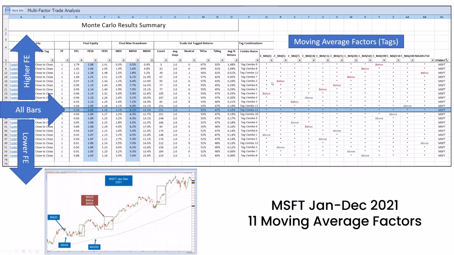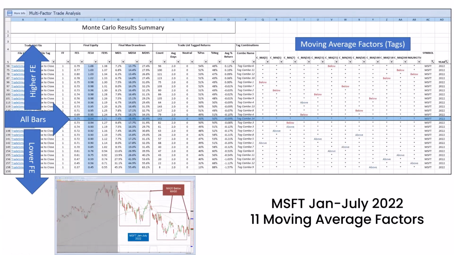Okay, so that's interesting. The chart down here is just a reminder of what Microsoft was doing in 21. You've seen that chart earlier. So let's move on to January to July. So this is again the chart. This is the down period.